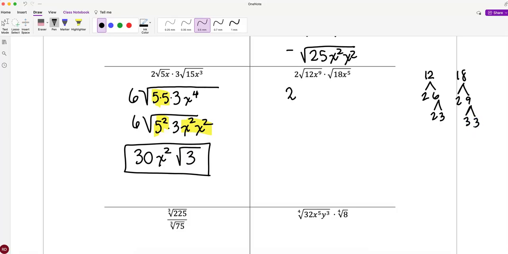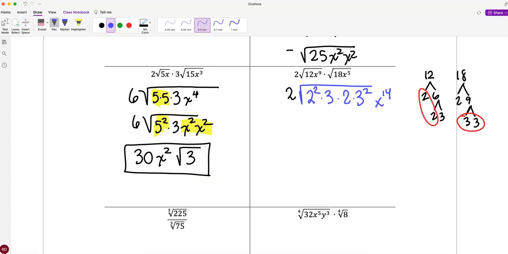So I can see my perfect squares here. That's a perfect square right there, and this is a perfect square. So this is going to be the square root of, what have we got? 2 squared times 3 times 2 times 3 squared. That's all the numbers, and then x to the 14th.